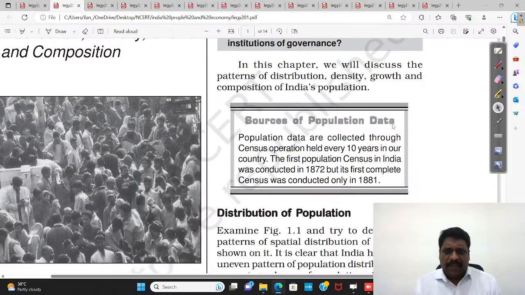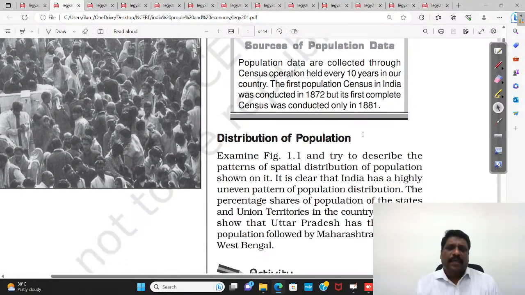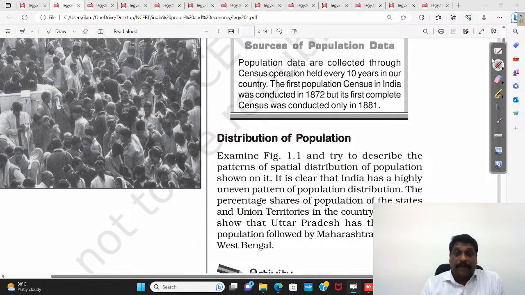These are almost facts. Now, if I talk about the census, my dear friends, very brief information about the census is given. Eventually our census will become the world's largest census also. The population data are collected through a census operation held every 10 years.